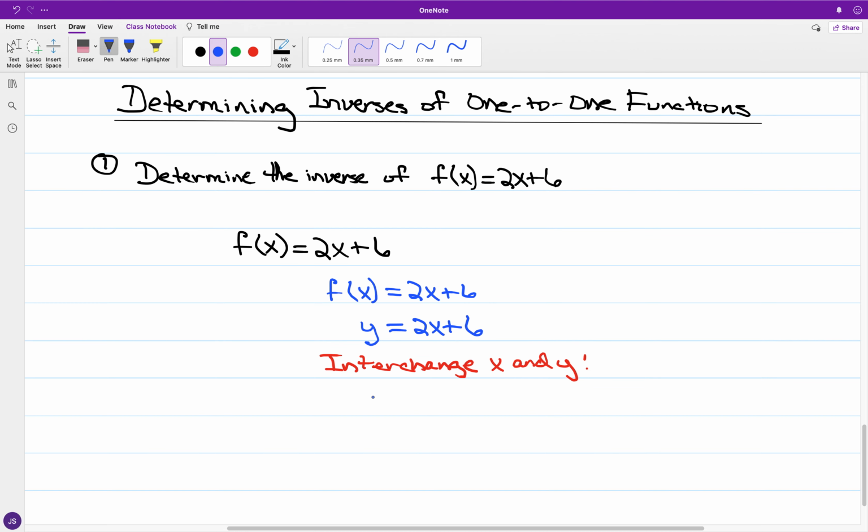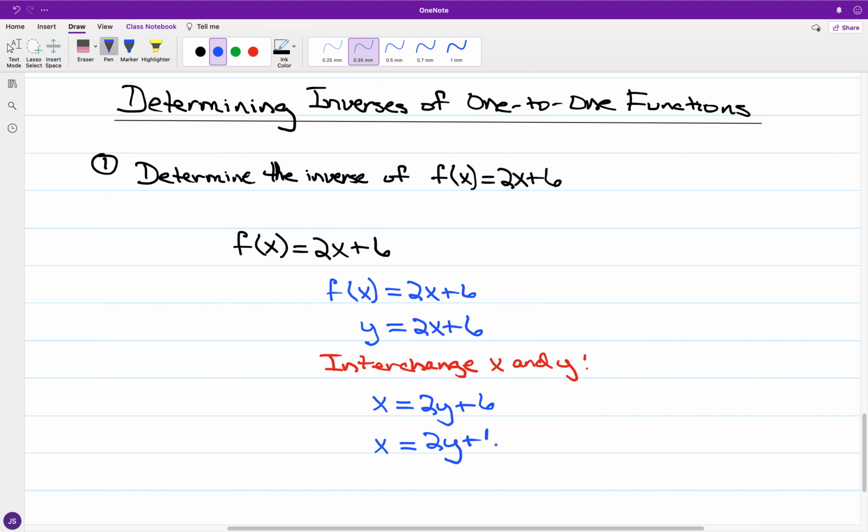So in the interchange case, I have x is equal to 2y plus 6. And what I'm going to do here is rewrite this in terms of y equals. And it's not going to be y is equal to 2x plus 6. It's going to be something entirely different. Okay, so right now I have x equal to 2y plus 6.